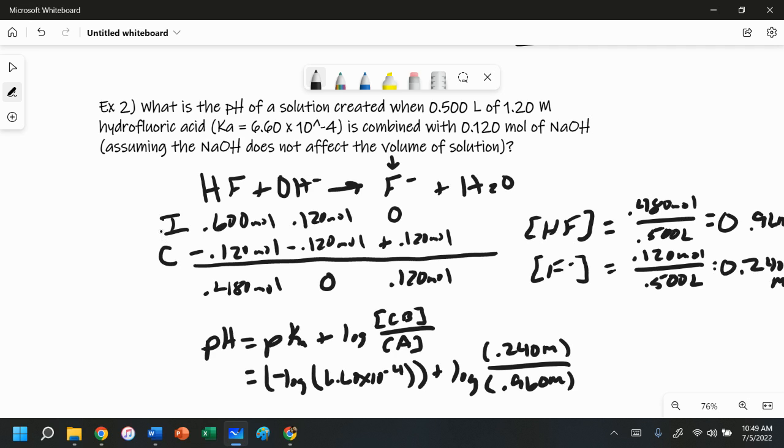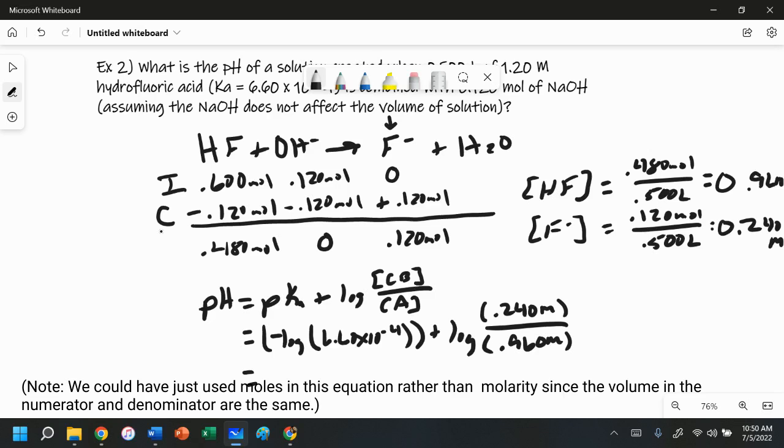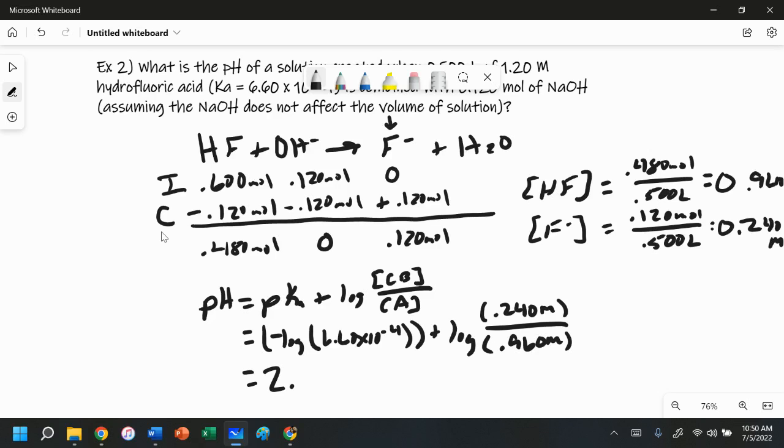And if we solve all of that, we will get the pH of this solution, which is 2.578 for our pH. So that is how to solve a problem for weak acids reacting with strong bases.